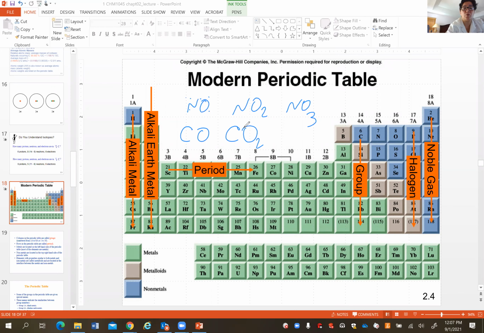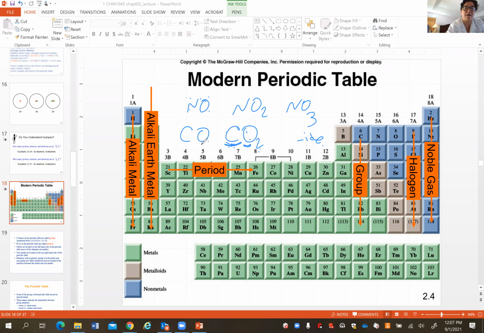If it comes from only two types of element, it's going to end with IDE again. So you give the name for the first element. For this one, it's going to be carbon, and then the root name for the second element, add IDE. Carbon oxide is a molecular compound.